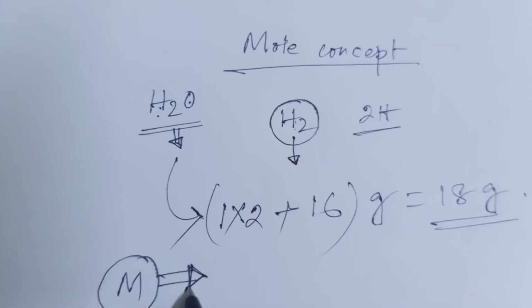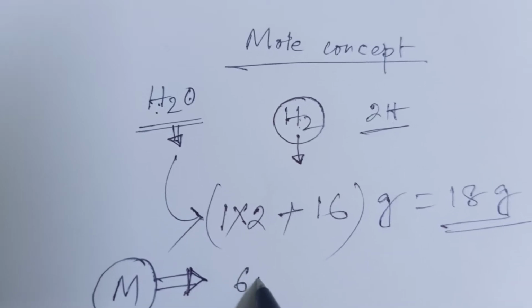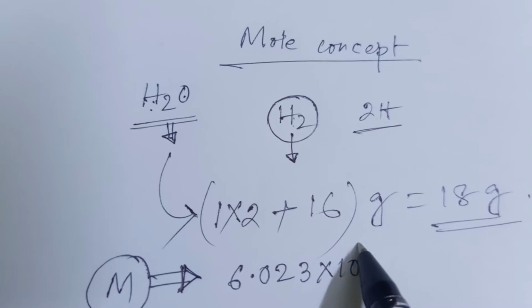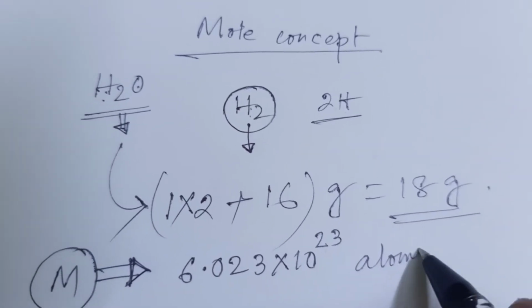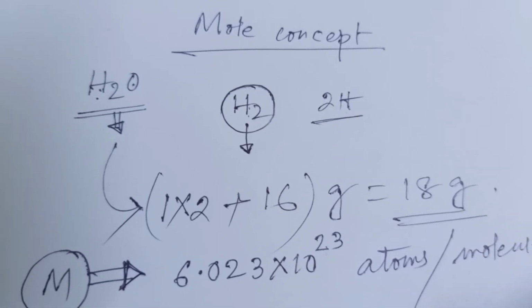And each molecular weight contains 6.023 into 10 to the power 23 atoms, molecules or ions.